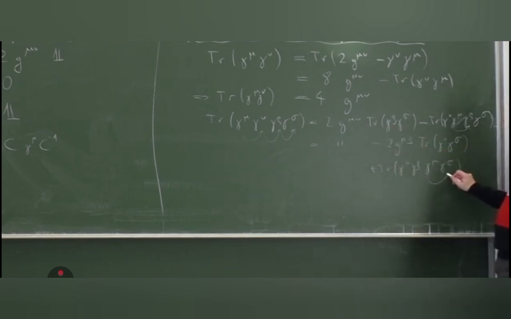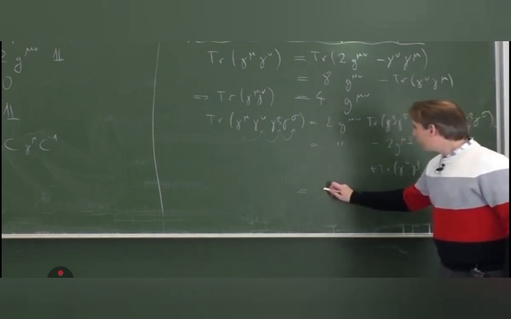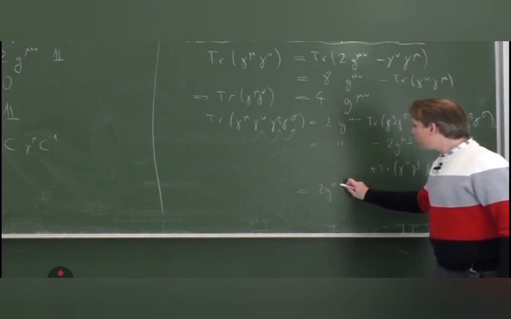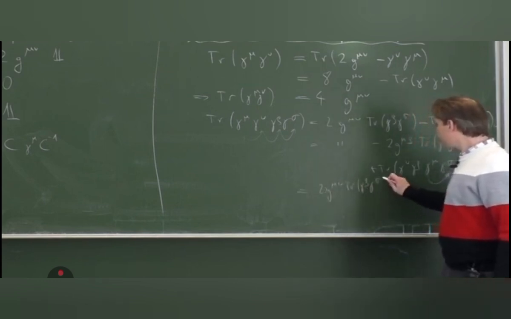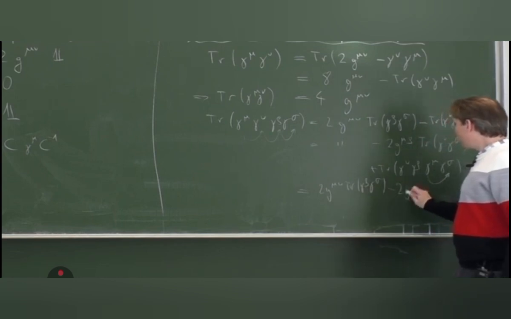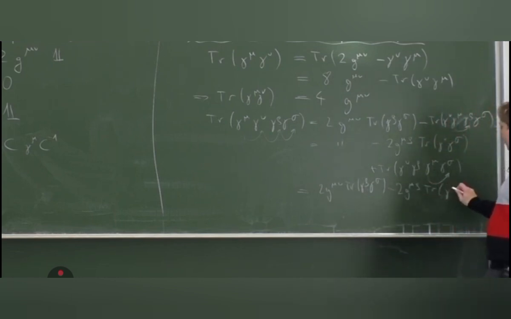Then our strategy tells us to use the anti-commutator once again, to put it at the fourth position. Then we get the first 2 times G mu nu times the remaining trace gamma rho, gamma sigma, minus 2 times G mu rho times the remaining trace gamma nu, gamma sigma.